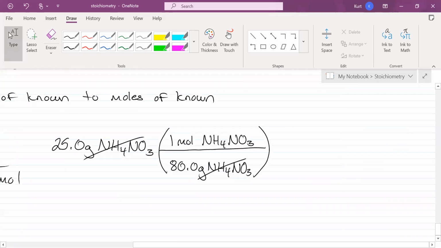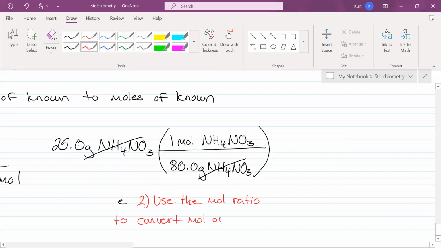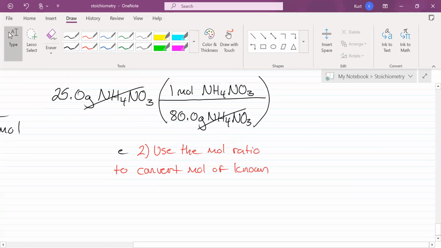Let's move on to step 2. Use the, let me put this in a different color. Make a little more sense. Number 2, use the mole ratio to convert moles of known substance to moles of unknown substance.